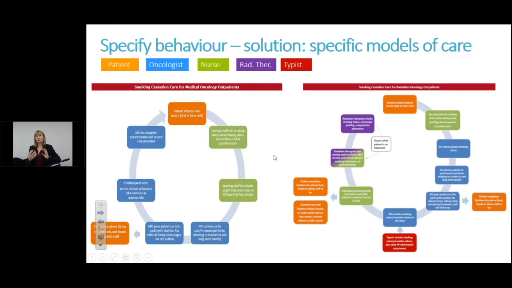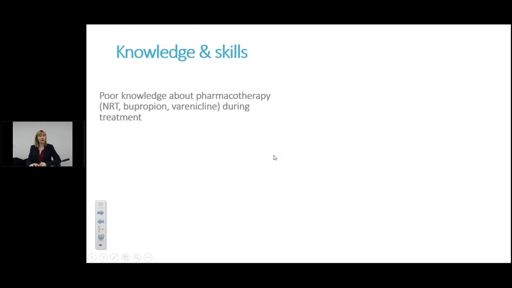And over time, one of the positive things that happened was the move towards the drug and alcohol counsellor actually coming down to radiation oncology rather than the patients having to go there. So we did make some progress on that front over time.